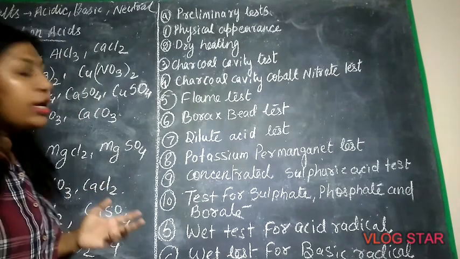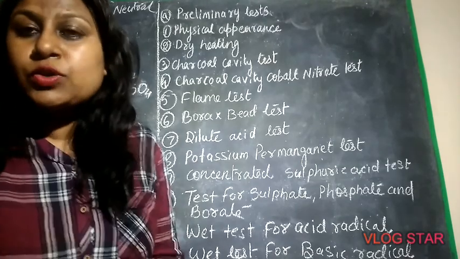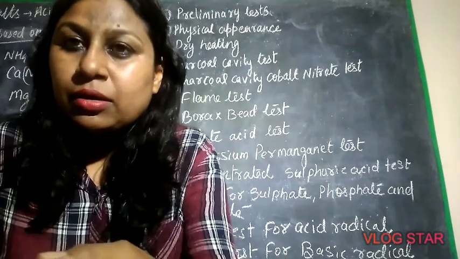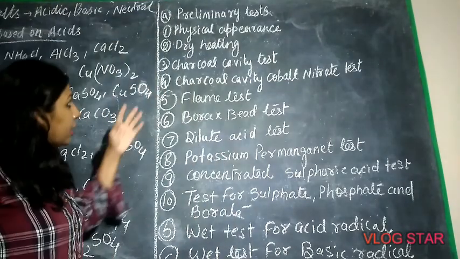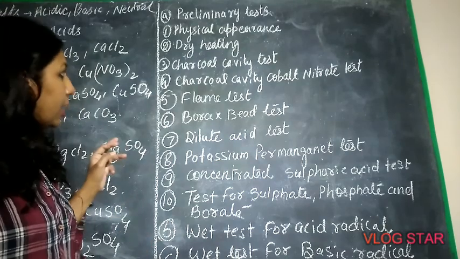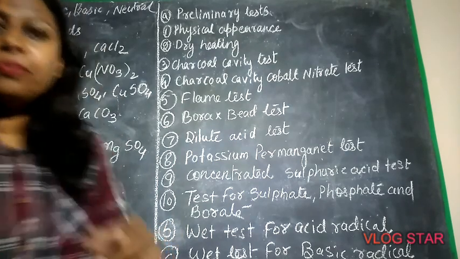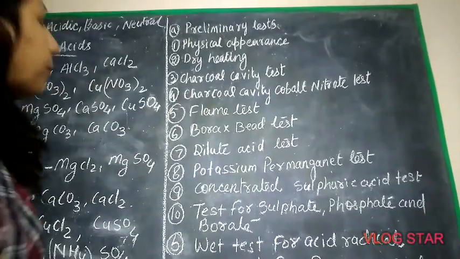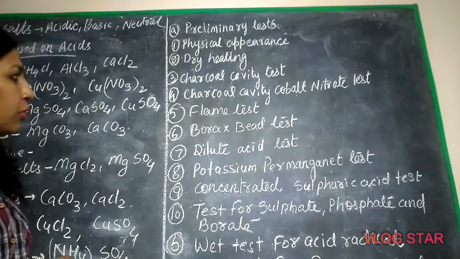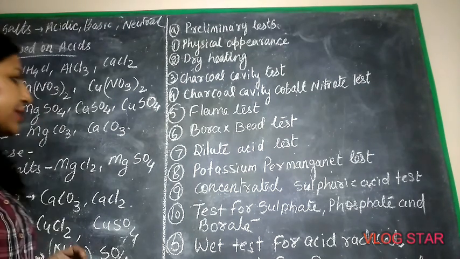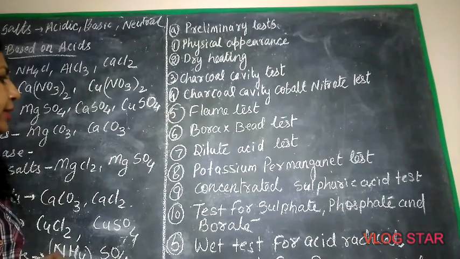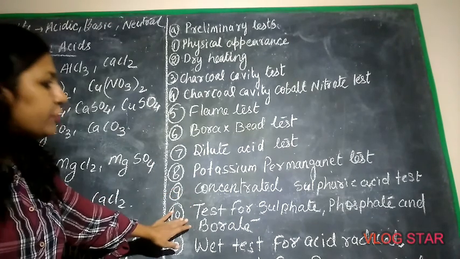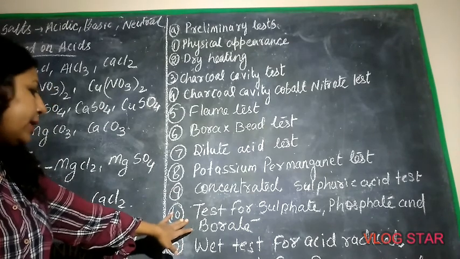The first is physical appearance. By seeing the color of the salt, you can get a clue which salt has been given. Then dry heating, charcoal cavity test, charcoal cavity cobalt nitrate test, flame test, borax bead test, dilute acid test, potassium permanganate test, concentrated sulfuric acid test, test for sulfate, phosphates and borate.